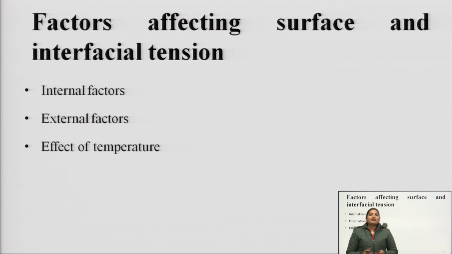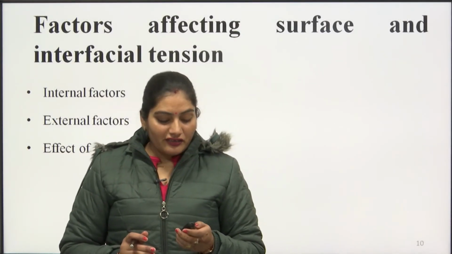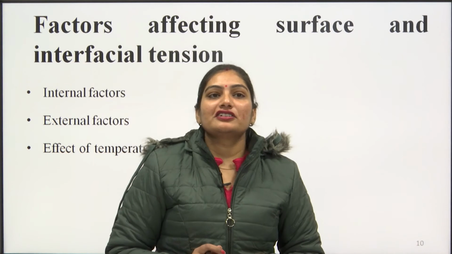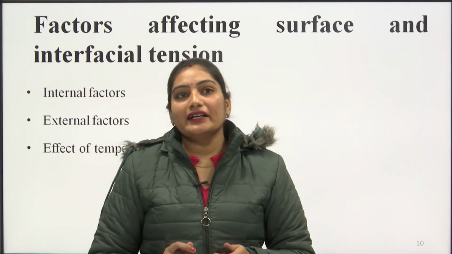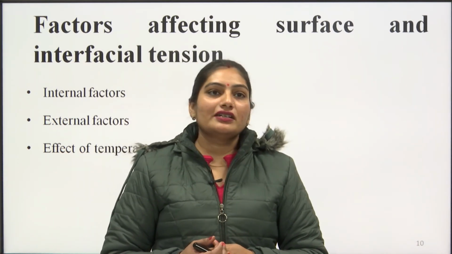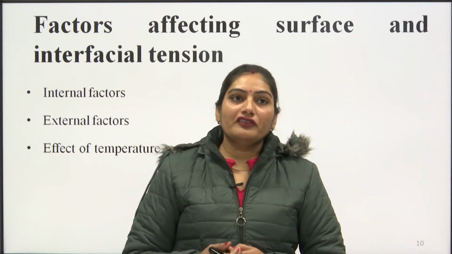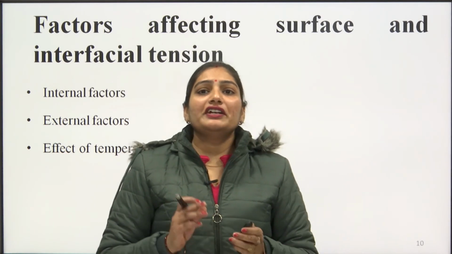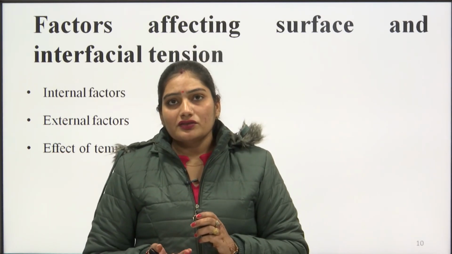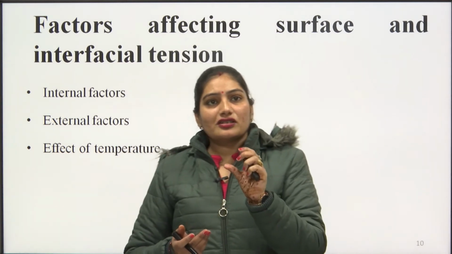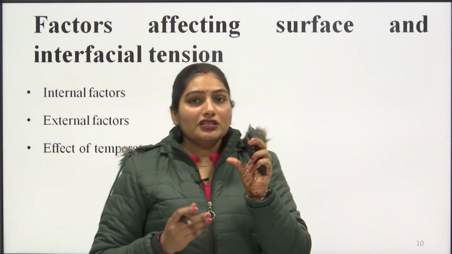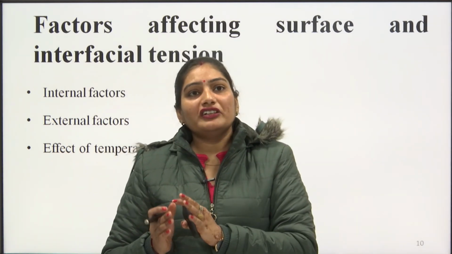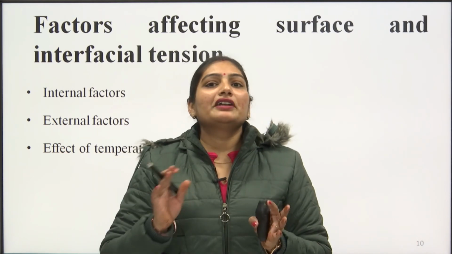Next are the factors affecting surface and interfacial tension. There are three factors which affect the surface and interfacial tension. These factors are internal factors, external factors and effect of temperature. Okay. Internal factor consists of intermolecular attractions. There are certain molecular attractions that a molecule feels because of other neighboring molecules.